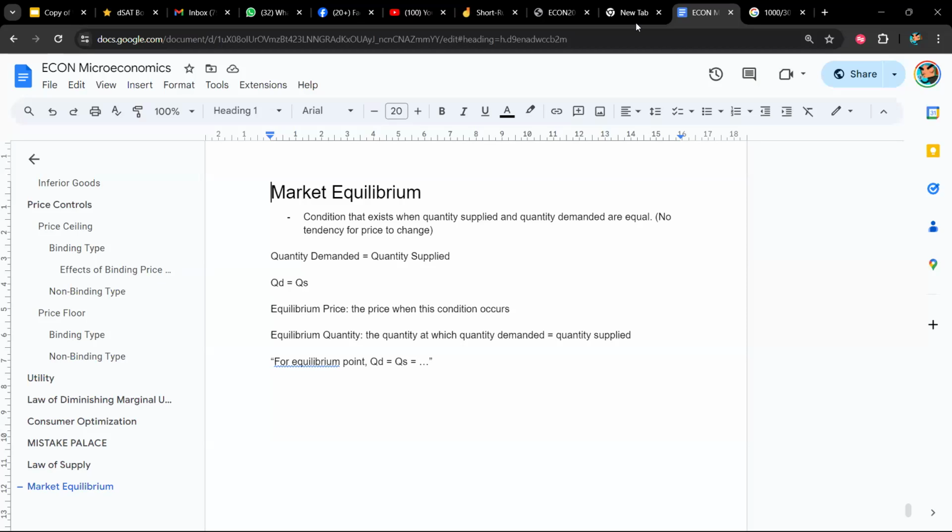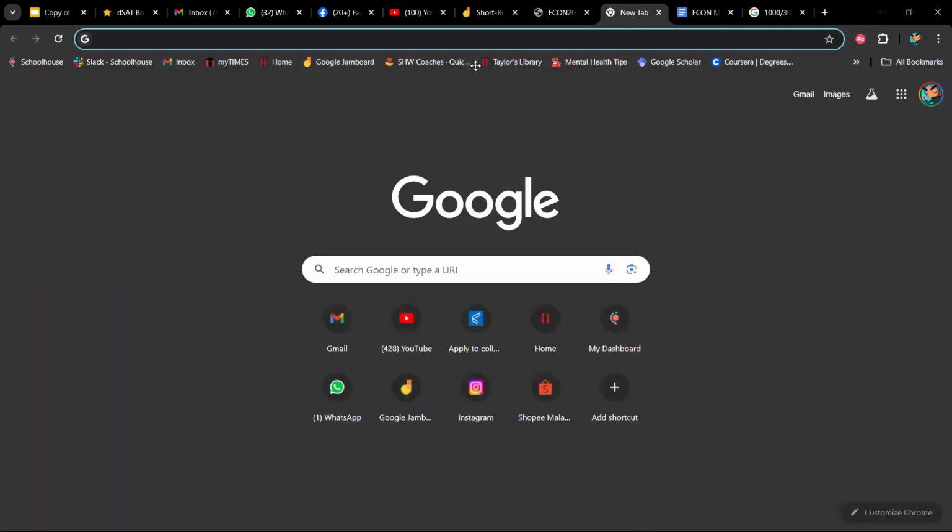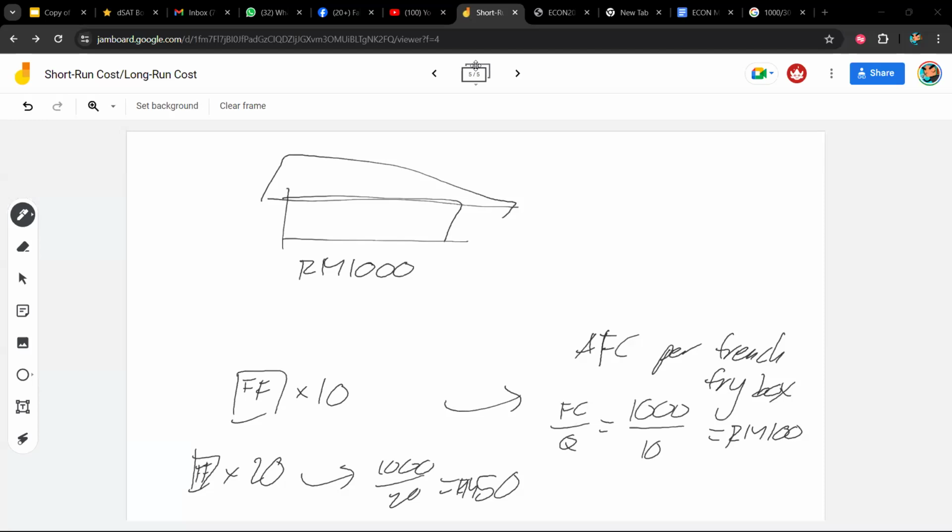So you notice that the more potatoes I produce, the more worth it is for me to buy a warehouse, because the cost of buying that warehouse is spread out amongst each of the products. So at quantity 30, you get 1000 divided by 30, then you'll get like RM33.